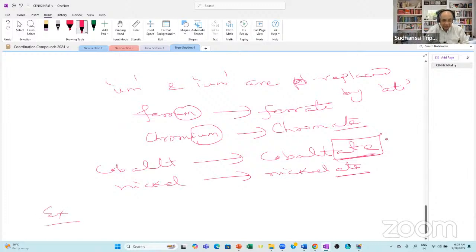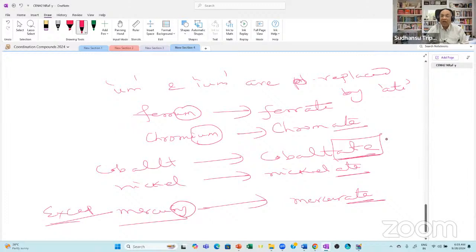But the exception is mercury: you don't use hydrargyrate, it is mercurate, an exception. Hydrargyrum is the Latin word, but for mercury the IUPAC exceptionally uses mercurate.